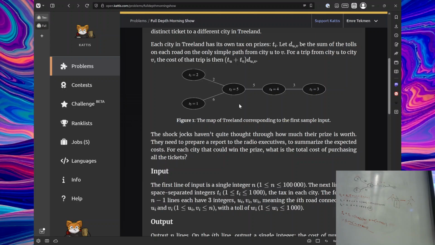Why do we care? This is great, right? Now we can just start at some u, any u, do our DFS, calculate S of u, and then we just have to do another DFS, which is going to, for each node that we traverse locally, right? If I go from this guy to this guy, we're going to apply this relation. And then when I go from this guy to this guy, we'll apply this relation.